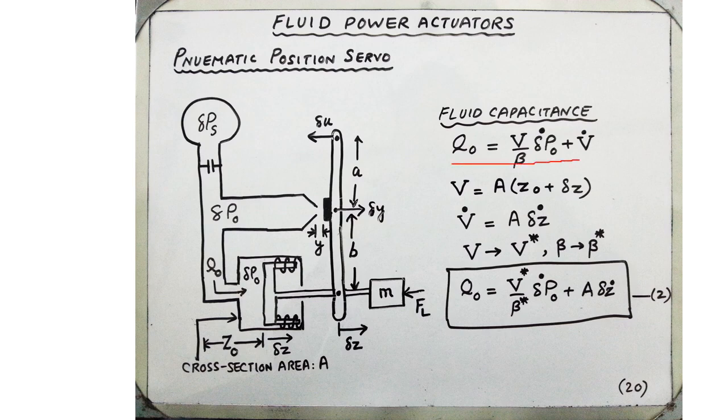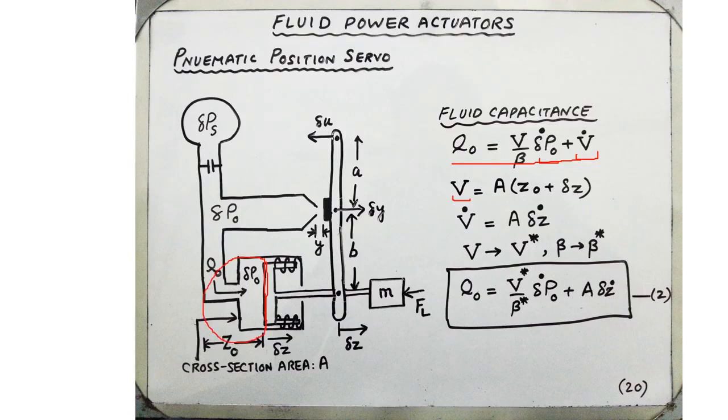The basic expression: Q naught equals volume divided by bulk modulus times the pressure difference delta P naught dot, plus V dot. And the volume of the cylinder, the volume of the fluid, is the cross-section area, that is A, times the length of the fluid that is trapped over here.